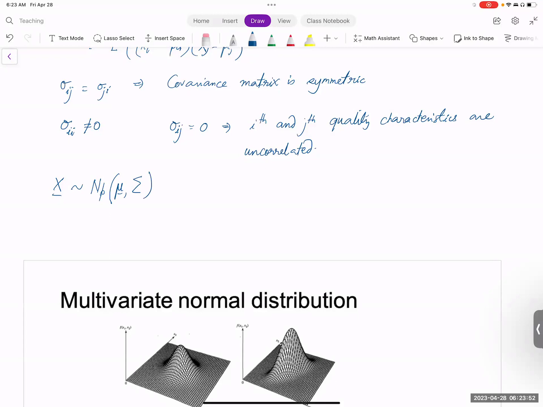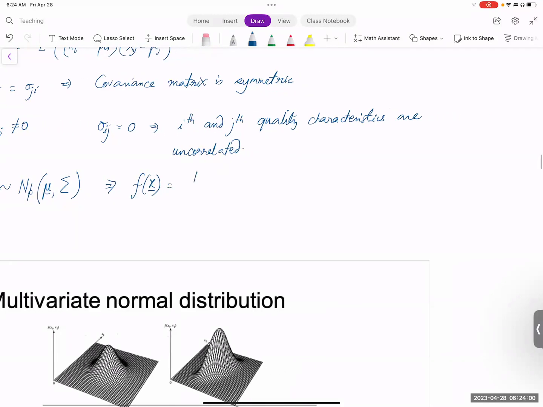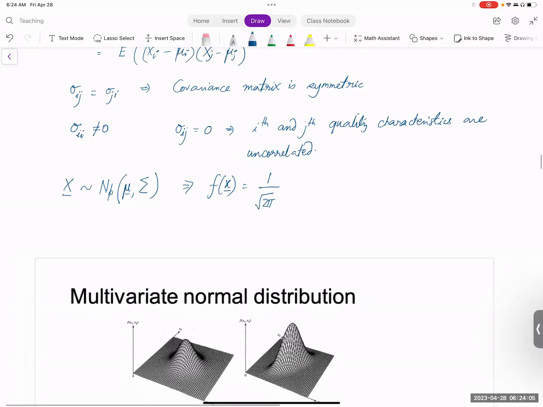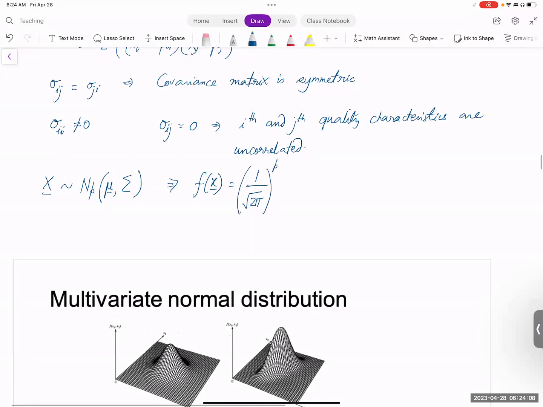And then you can also write down the corresponding PDF, which is f of x under bar equal to 1 over square root of 2 pi raised to the power p, 1 over determinant of sigma matrix raised to the power half, exponential of negative 1 over 2 times x under bar minus mu under bar transpose sigma inverse x under bar minus mu under bar.